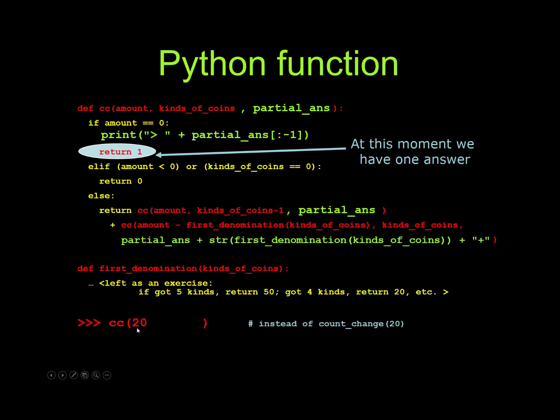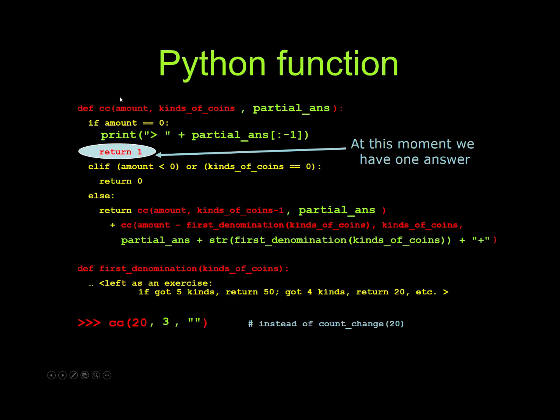Now, changing the coin 20 instead of count coin 20, because this count coin 20 will use up all the 5 kind of coins. We do not want to use 20 for 20. So we are left with 3 kinds of coins to pass into the recursions, and we initialize the partial answer as empty.